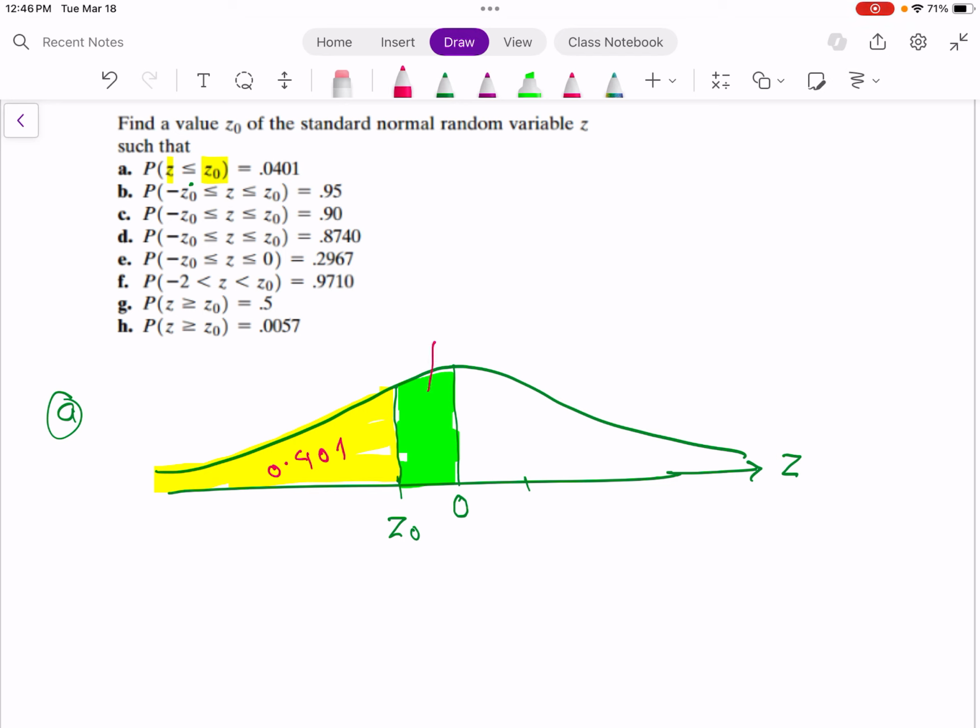And what is that difference? 0.5 minus 0.401. Because that is 0.0401. Oh, okay, thank you. So the difference is 0.4599.